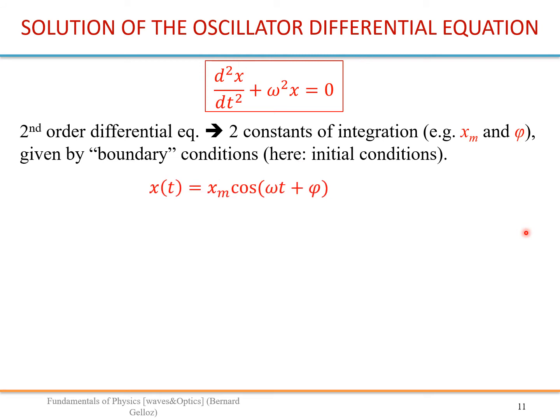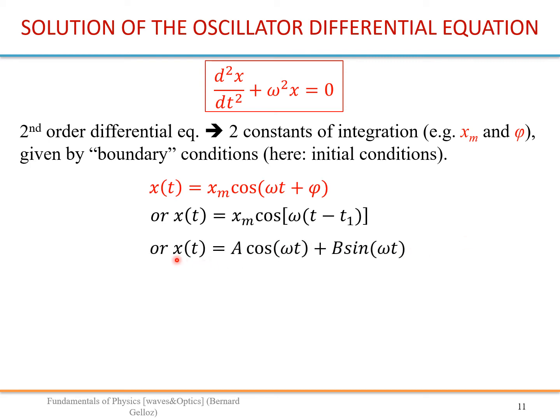All right, so what is a typical solution for that? So mathematicians have been working on that. This is the solution that we usually take in physics. But your mathematician would probably not choose this one. He would choose this one, a sum of a cosine plus a sine.